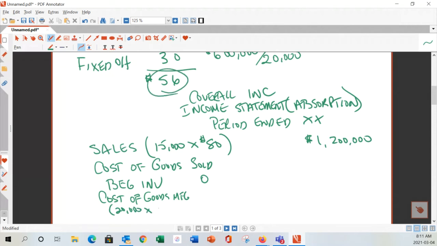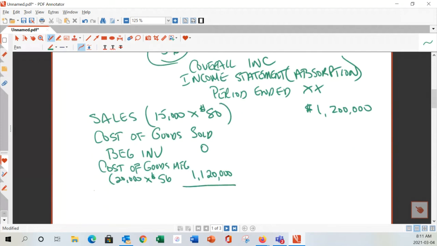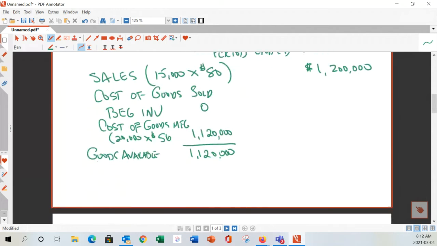And we figured out our full cost of production was $56. And so we have 1,120,000. And that's our goods available for sale. Oops, got too many ones in there. And deduct your ending inventory from that to get your cost of goods sold.